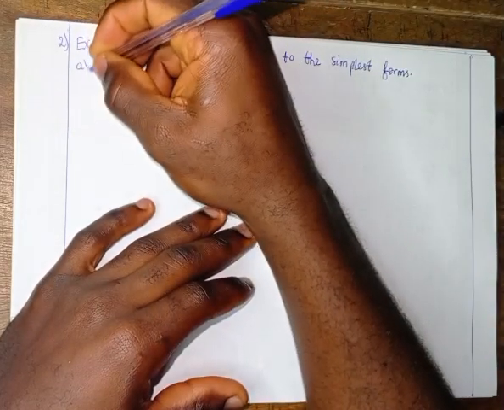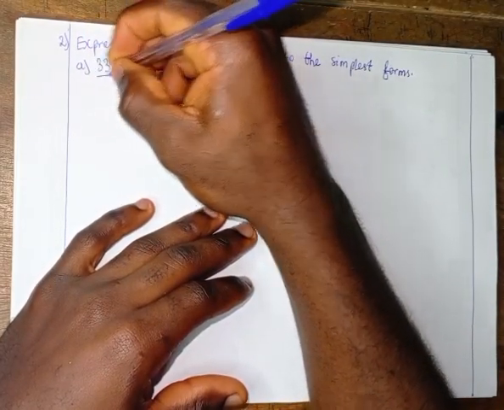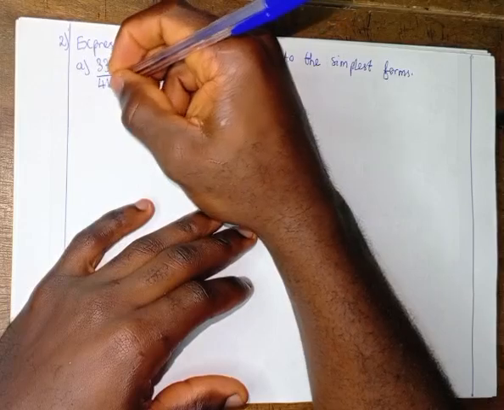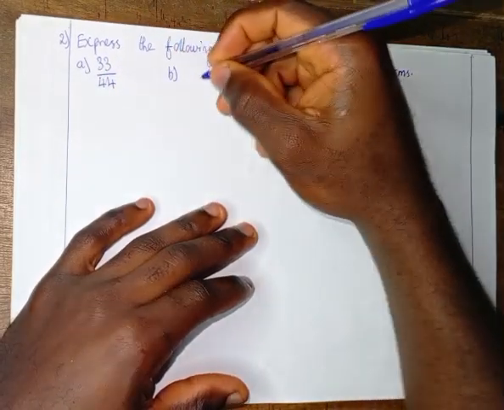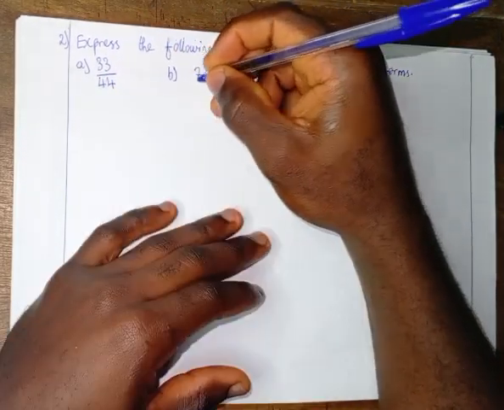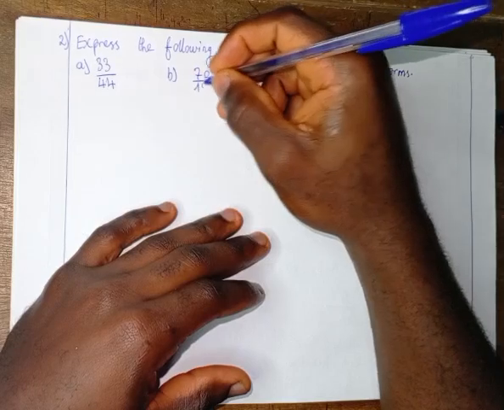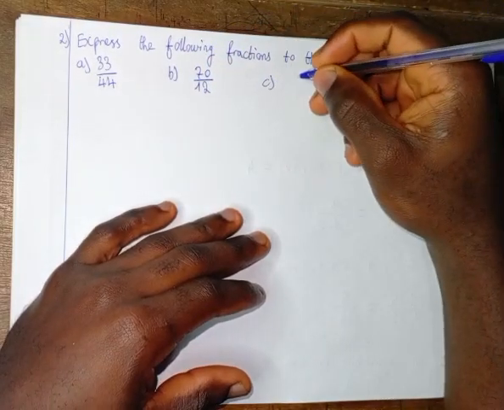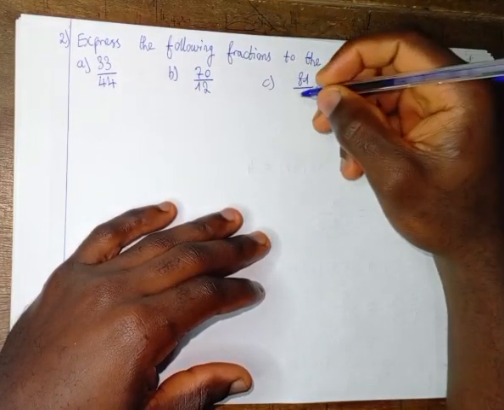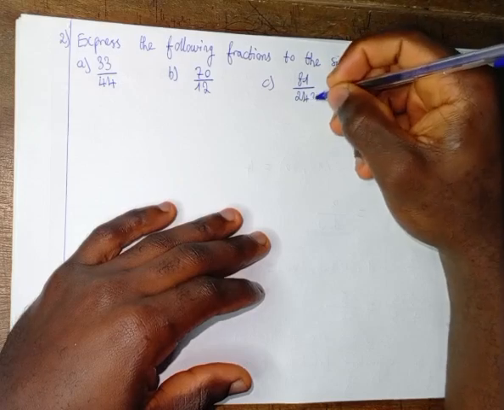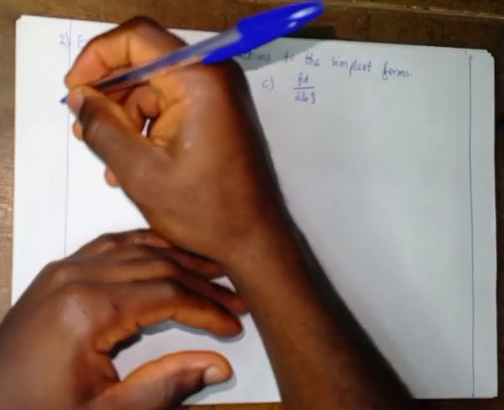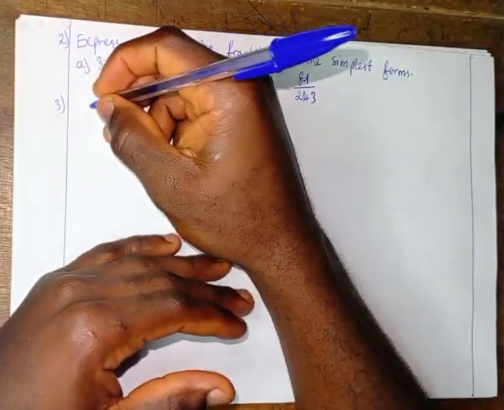For A, we have the fraction 33 over 44. For B, we have the fraction 70 over 12. For C, we have 81 over 243. Go to question 3 now.